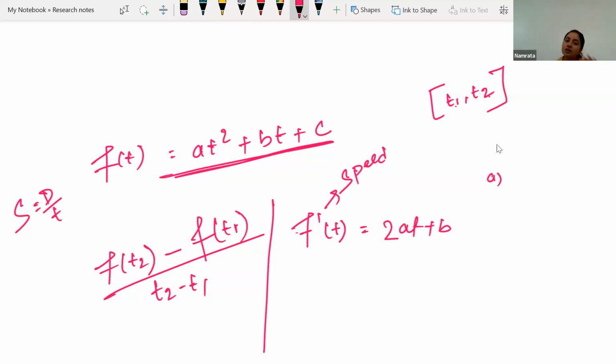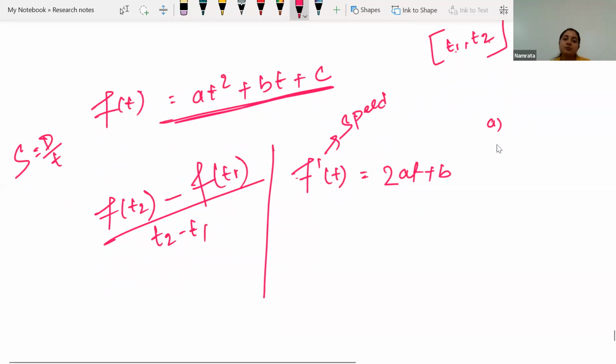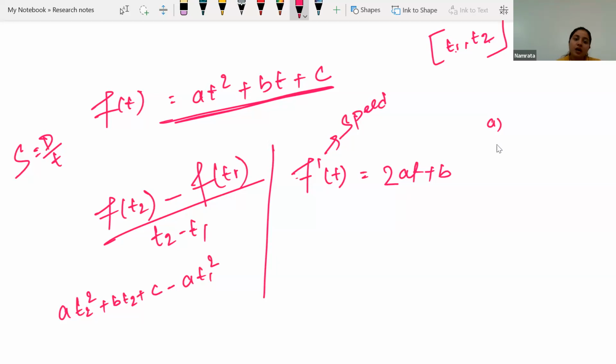The one way is the left hand side way of finding the average speed. The other side is also giving us the average speed, which we do by using the concept of derivative. So from here, we will be getting a t2 square plus b t2 plus c minus a t1 square minus b t1 minus c, over t2 minus t1.